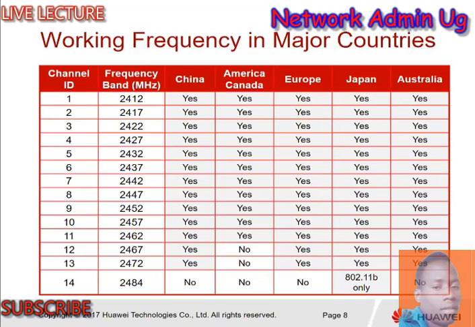Japan uses all 14 channels, giving the 14th channel to 802.11b only. The rest of the standards can use the other channels, but the 14th channel is given out to only one standard. Australia also uses 13 channels.